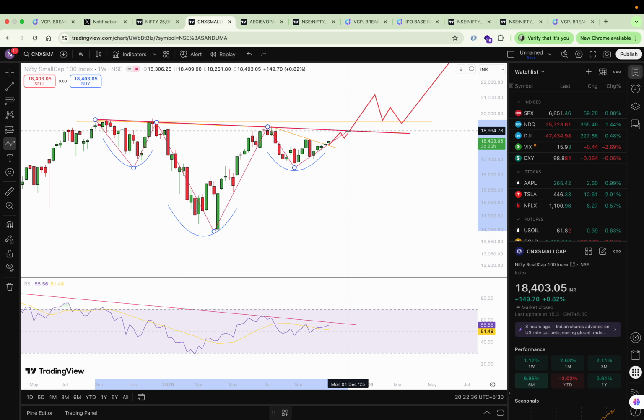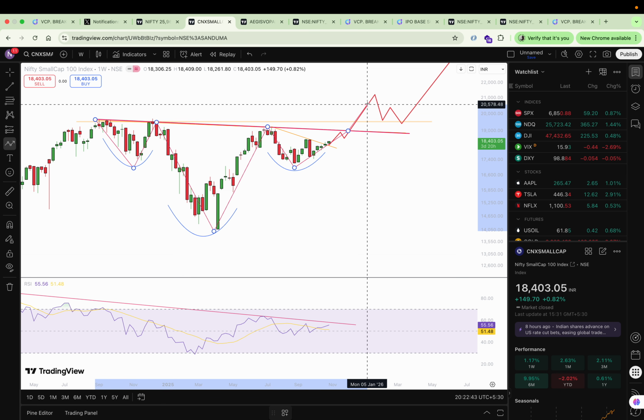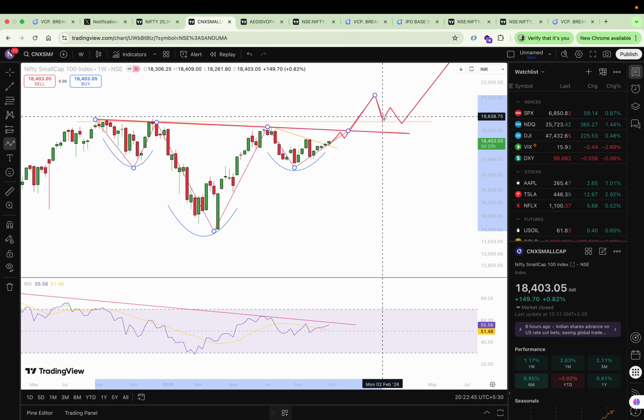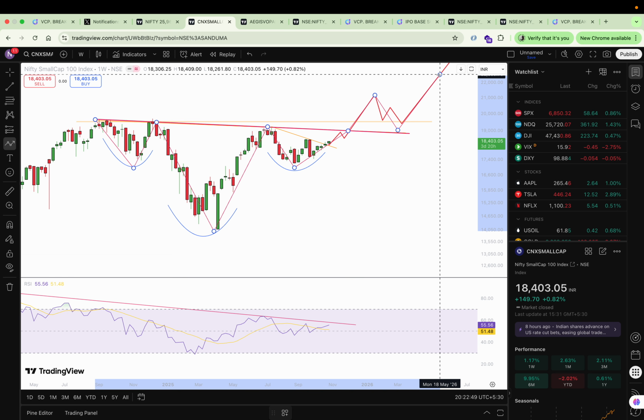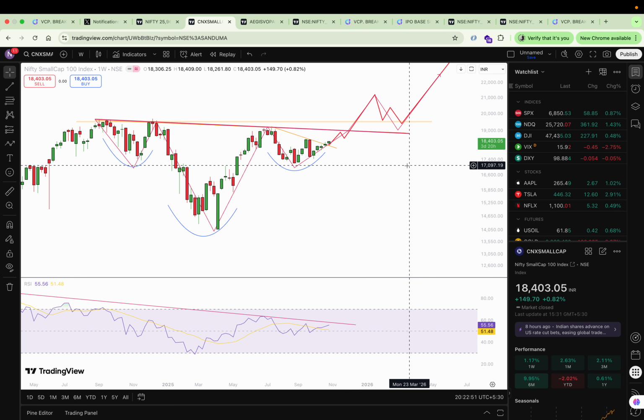Once this breakout is done, that is above 19,000, that's when we can see a very big move here, and then there might be a correction till March and then an up move. This is about small caps.